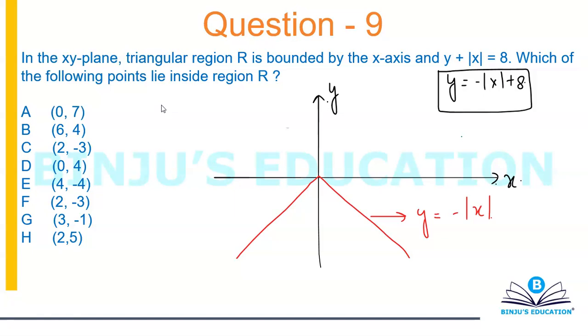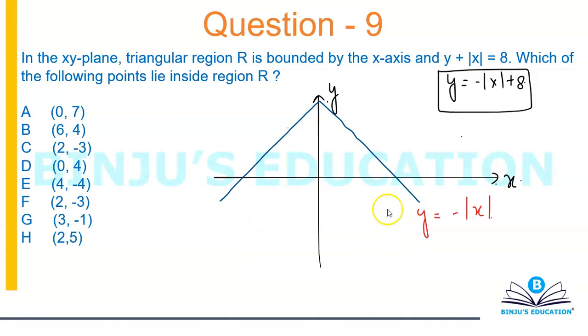Correct? So what's going to happen? This graph, exactly as it is, is going to shift upwards by 8 units. And the graph will become something like this.